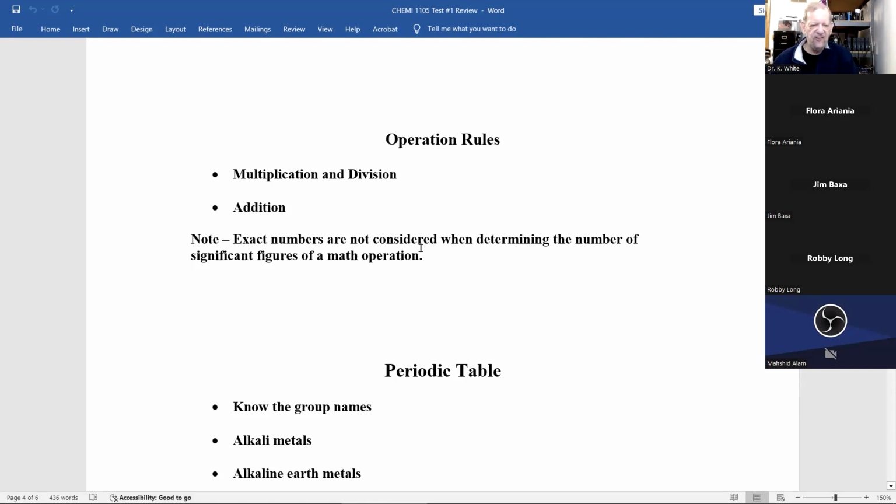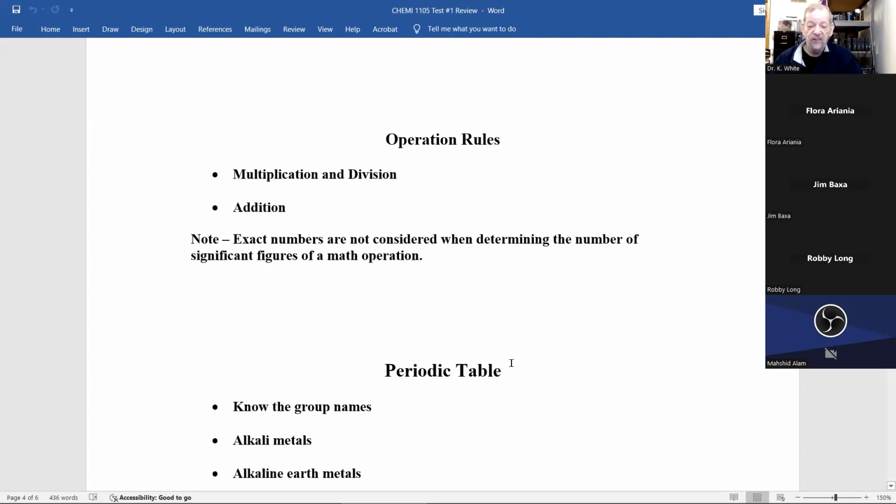For multiplication and division, the number you get should have the same number of significant figures as the number with the smallest number of significant figures that you multiply and divide by. You'll have to round off. Addition, you get the same number of significant figures to the right of the decimal.